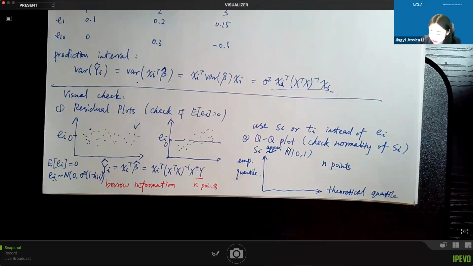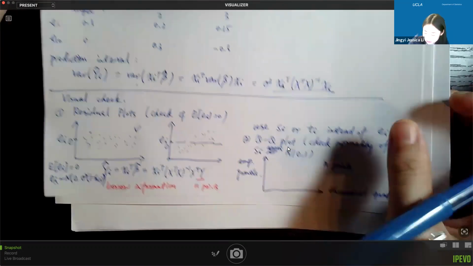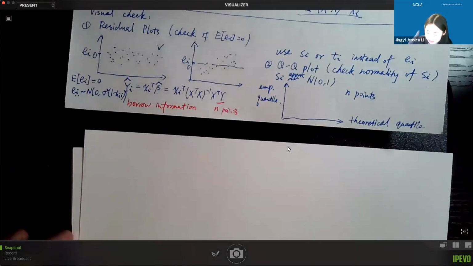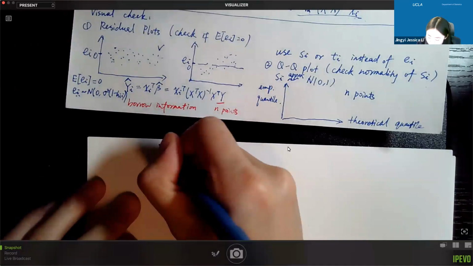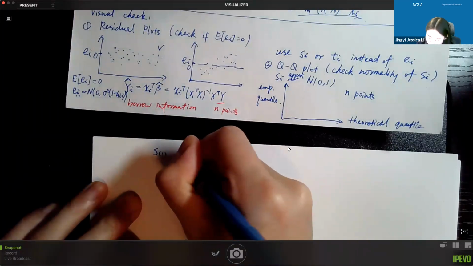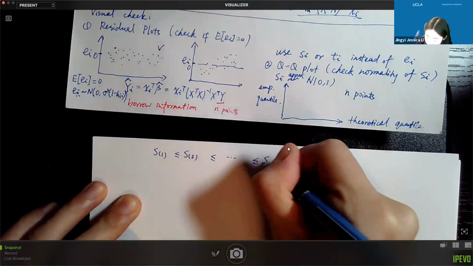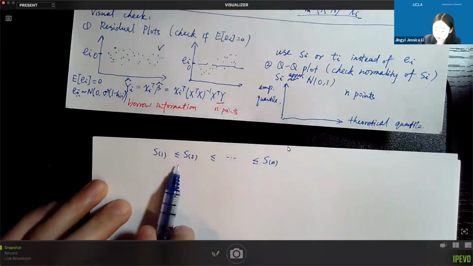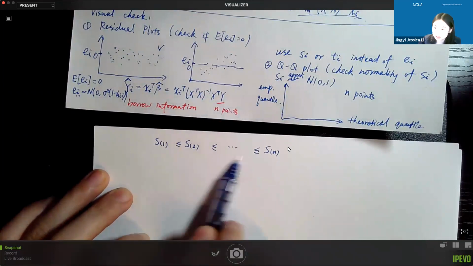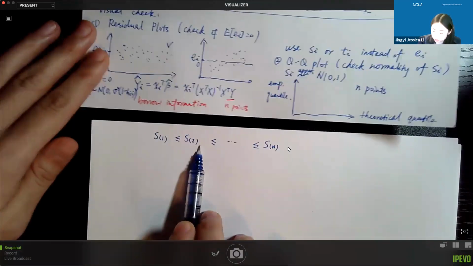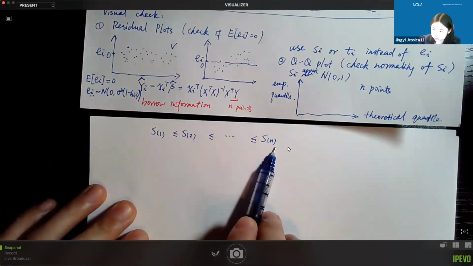So basically, for each data point, maybe I'll use a blue pen to show that. Let's say I have sorted my S1 to Sn. We know in statistics we use the notation for order statistics. That stands for the sorted standardized residuals.